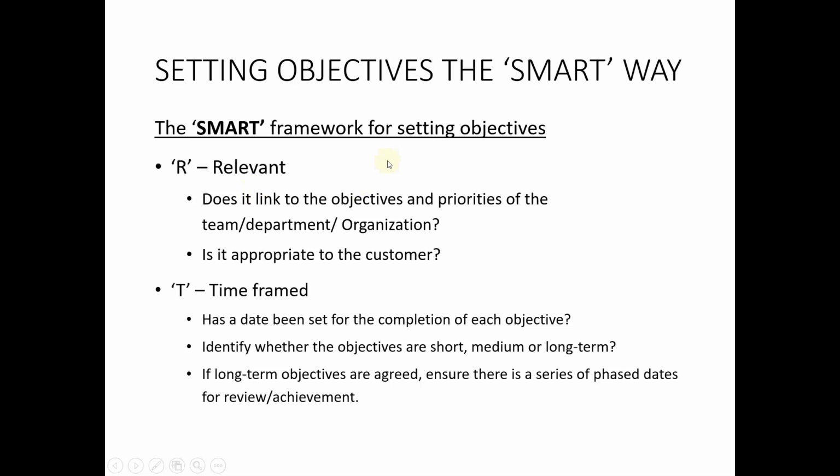Then R refers to relevant. Relevant means it is important to the customer or it is appropriate to the customer. And does it link to the objectives and priorities of the team, department and organization?